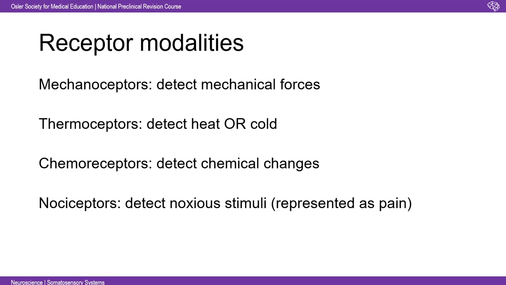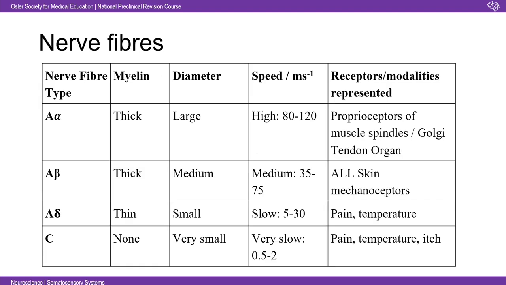Mechanical forces are transduced by mechanoreceptors, heat or cold by thermoreceptors, chemical changes by chemoreceptors, and then you have specialized nociceptors as well, which can be any of them, and they detect noxious stimuli. So anything that's evolutionarily telling you to get away.